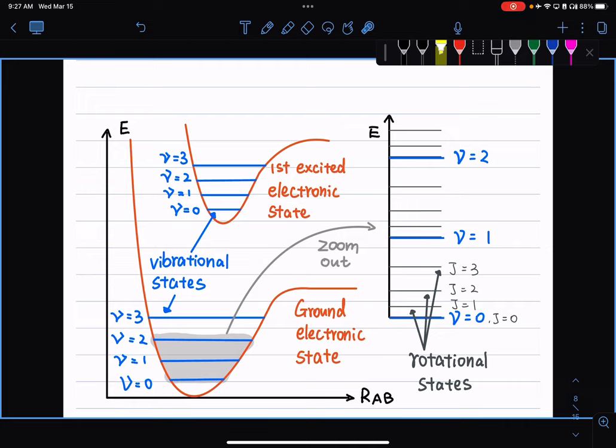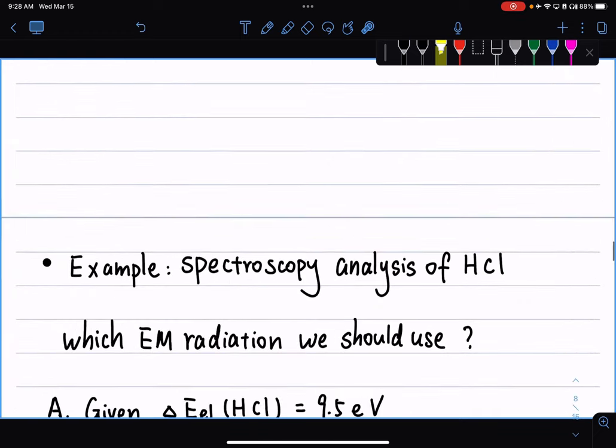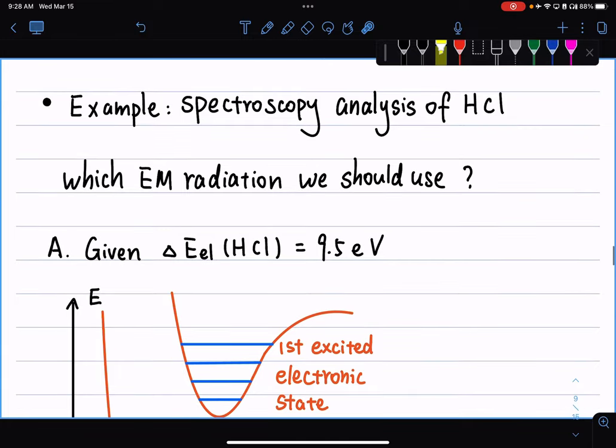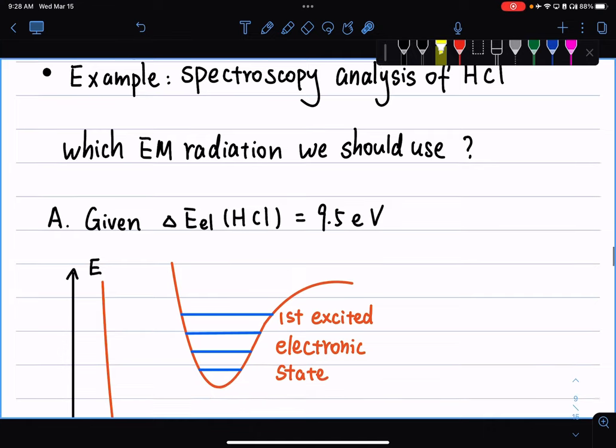All right, let's do some examples together and see how we solve spectroscopy problems. First example here: a young chemist wants to do spectroscopy analysis of HCl. Which EM radiation should we use? For that part, we're given some information.